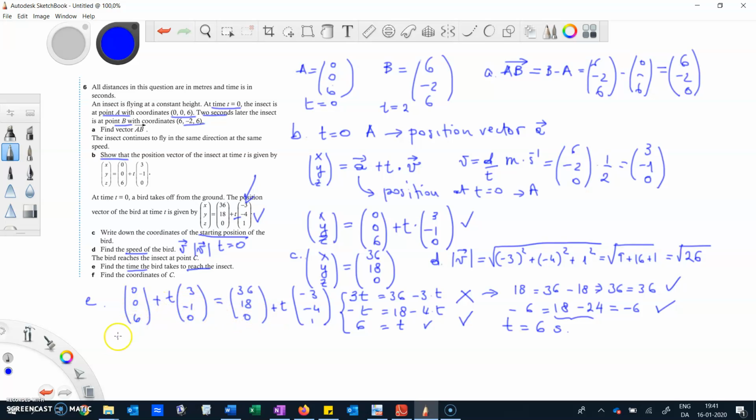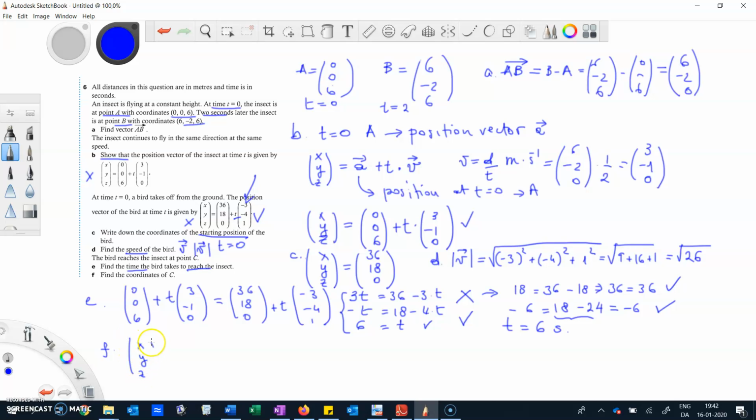Now let's find point F. Find the coordinates of C. It means basically find the coordinates of the bird or the insect at time equals 6 seconds. Now it means that we can use either one of the 2 equations. I'm going to choose the one of the bird. So for F, I'm just going to write x, y, and z.